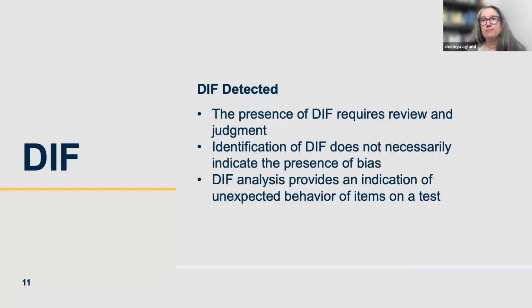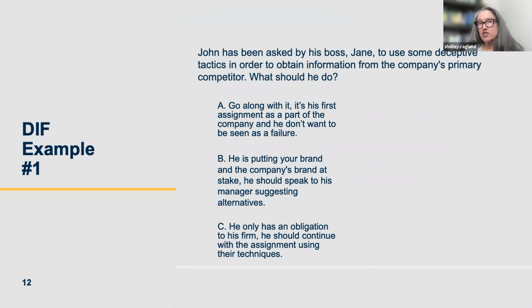Next slide, please, Lauren. So this is what I thought would be a good conclusion. An example of two items that we have seen in our experience that showed Diff and that didn't show Diff, as the case might be. This particular item I grabbed off the internet. This was for a business ethics course. I changed a couple of names to illustrate what we found in our live test items.